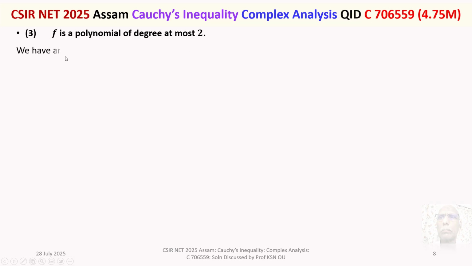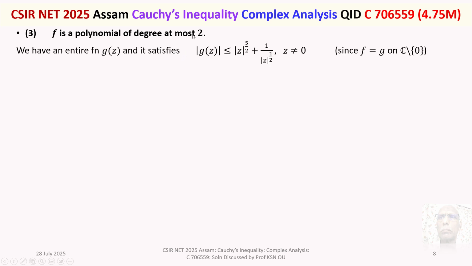Now we have an entire function g of z, and it satisfies mod of g of z is less than or equal to mod z to the power of 5 by 2 plus 1 by mod z to the power of half, z not equal to 0, because the restriction of g on C minus 0 is f, wherein f satisfies this. So we want to find the nature of g of z.